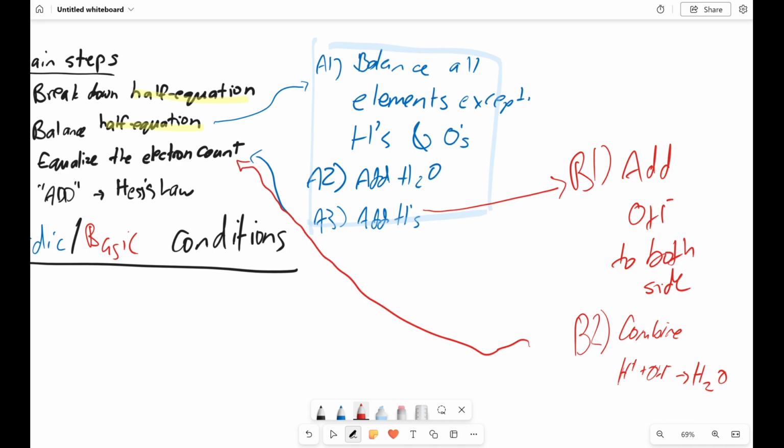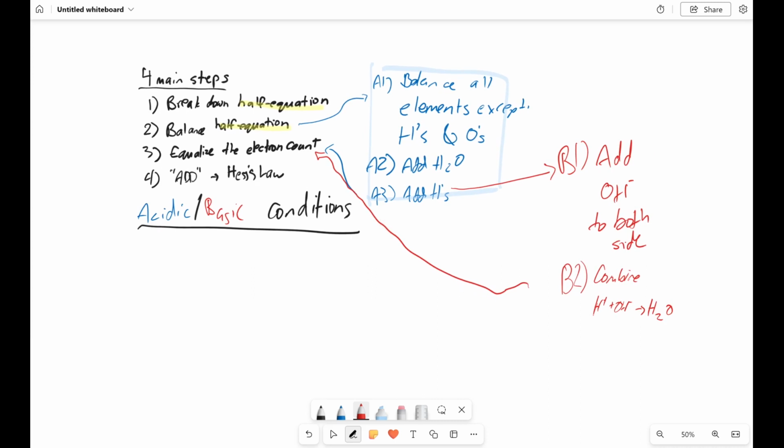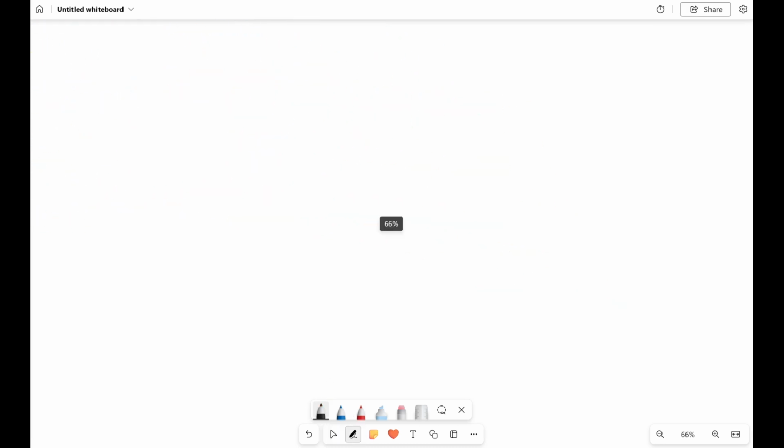Okay, so this is basically everything that you do have to know, right? And if you completely understood all of this, you can probably stop watching the video now, but practice is always really important. So let's practice some. Now let's actually do a regular redox equation with nothing special.